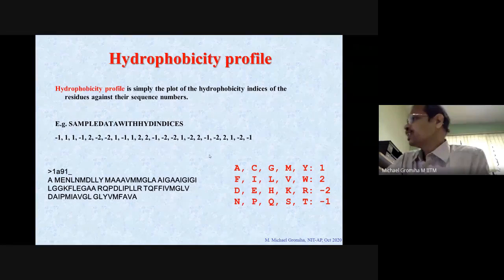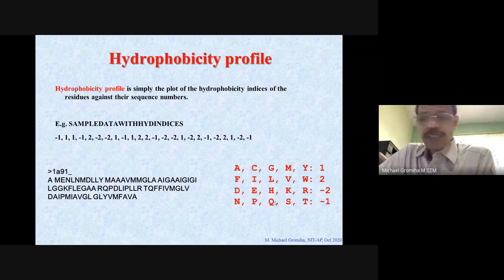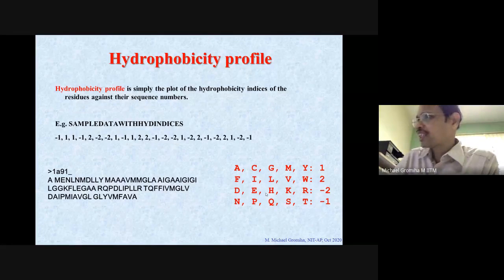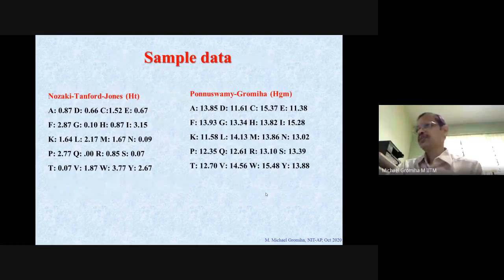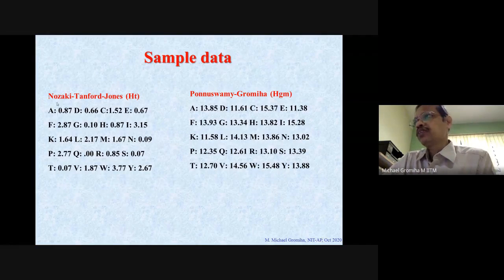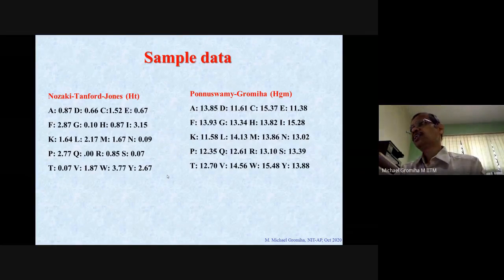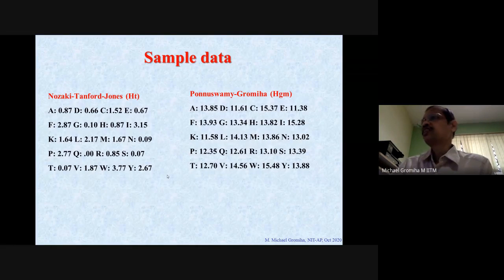Okay, I told you these are the numbers, but that's not random, right? These are numbers I put for the properties, but here I give the exact numbers. Okay, here these are the exact values proposed by Nozaki, Tanford, Jones, right? So here you can see the numbers. Can you see the values for tryptophan and phenylalanine?